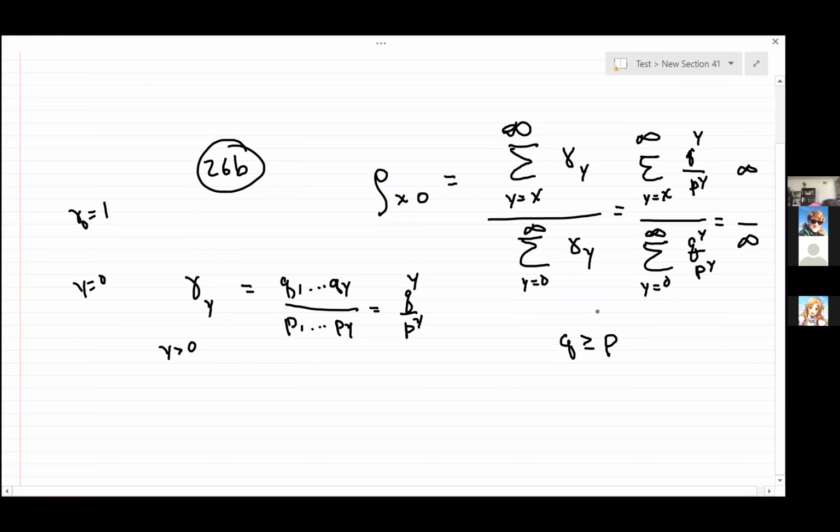Why don't we do, so this one I'm not positive about. Why don't we do B? If we do B, then everything is convergent. So let's do that first.